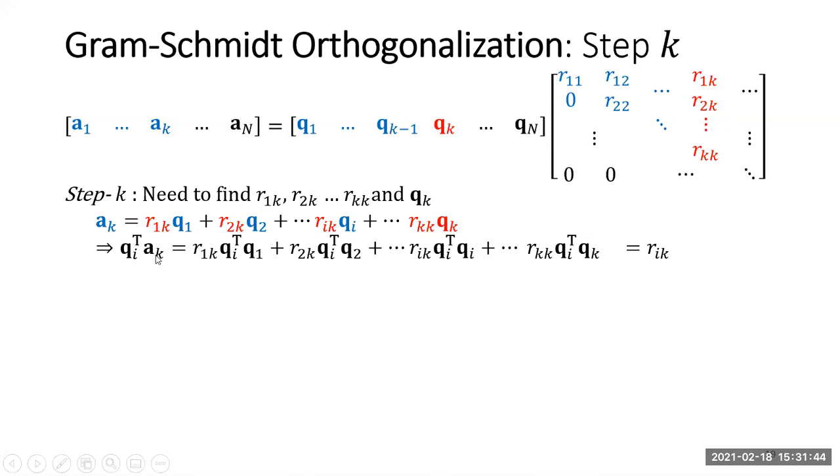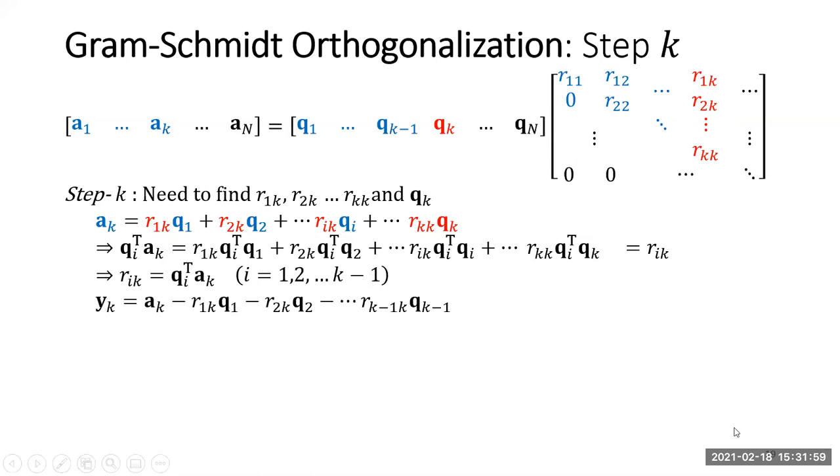Qi transpose Ak equals Rik. So for i equals 1 through k minus 1, I have Rik equals Qi transpose Ak. Are you guys okay? No questions? Yes. Okay.